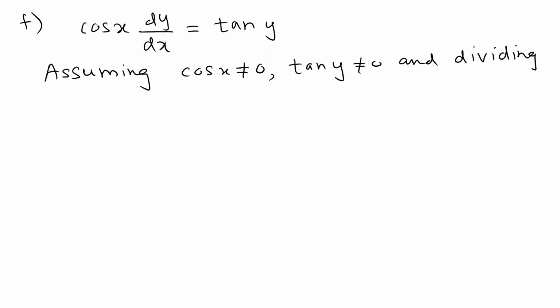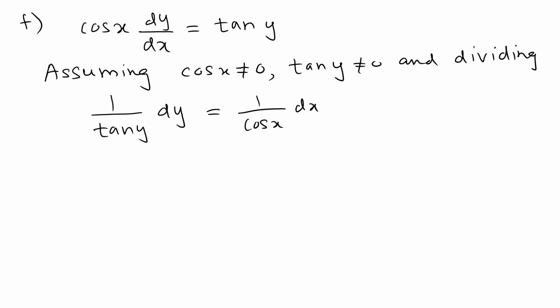So you can write it like this now. It is 1 over tan y dy over dx. Actually, we can move the dy term to the other side, so we can simply write dy, and on the other side you get 1 over cosine x dx.